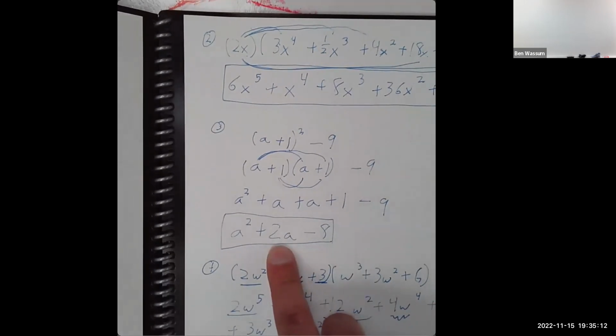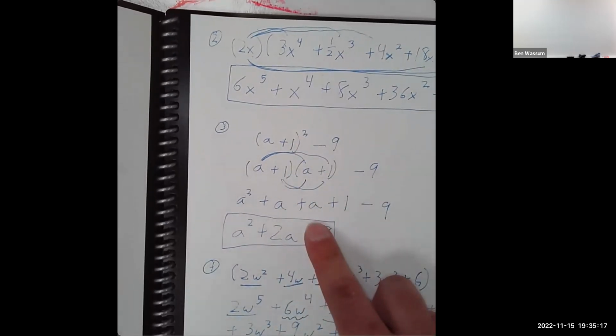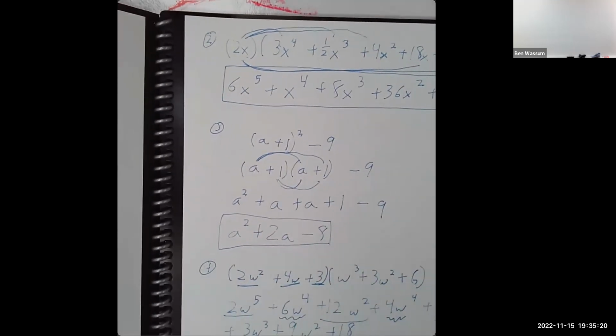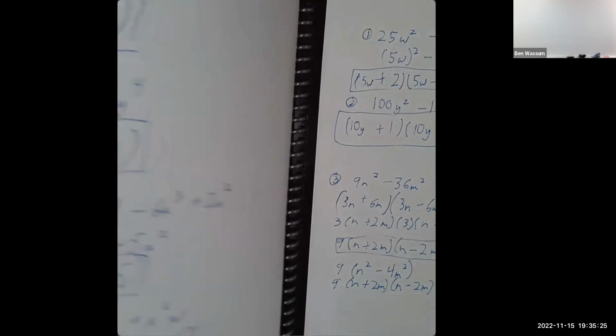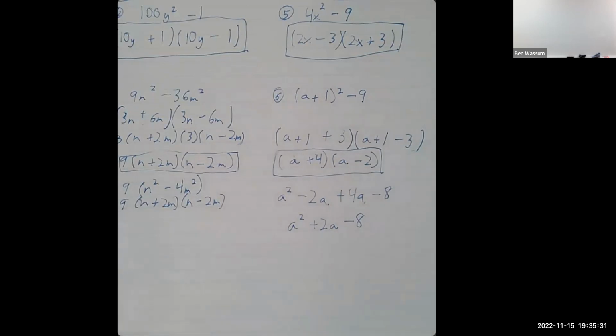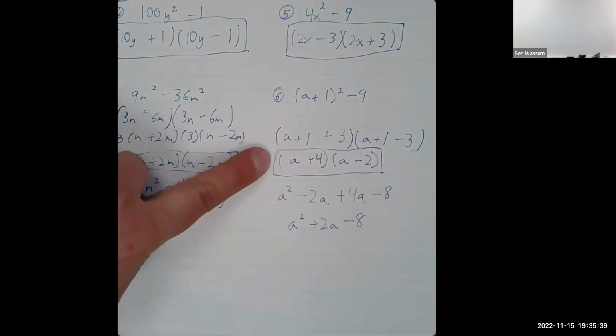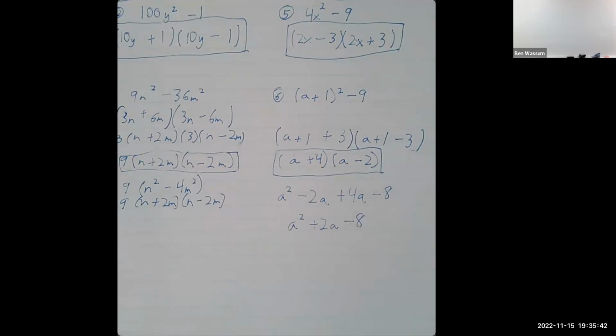A squared plus 2a minus 8. So it is the same thing. Just now we know this thing would actually factor to these two separate binomials. And that's actually the next section, is factoring trinomials. We would be able to actually go straight from this to that. Isn't that fun? So much fun. Those are great examples.